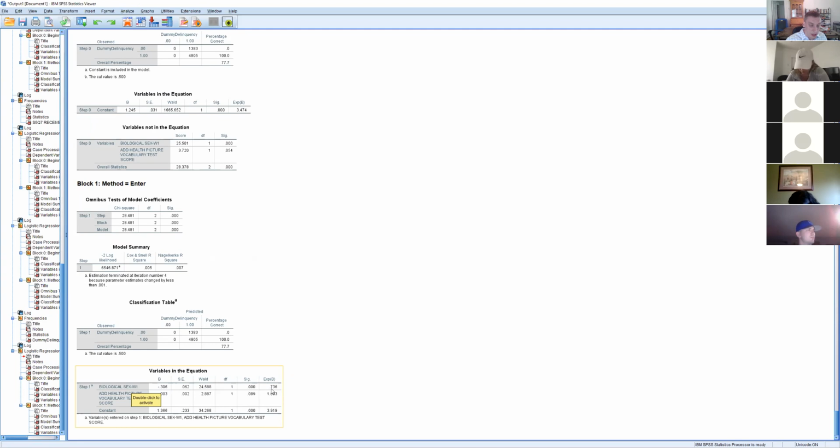So if we exponentiate that, we're going to get 0.736, and so 1 minus 0.736, we get 0.264, and so that means that the odds are lowered by 26.4%.